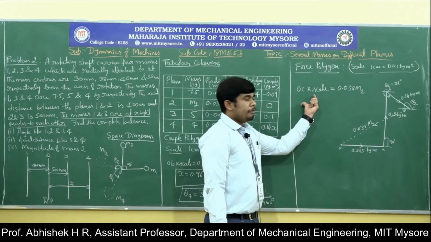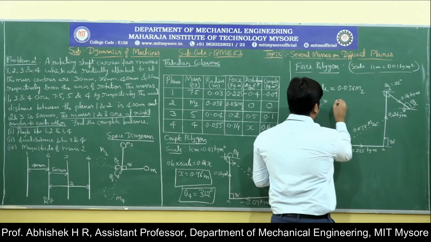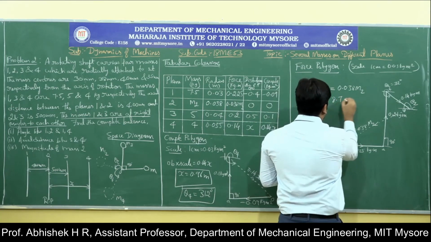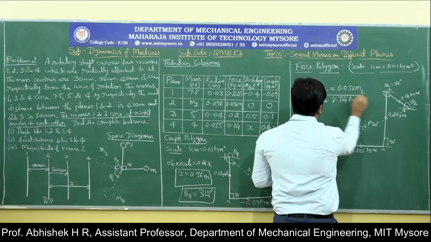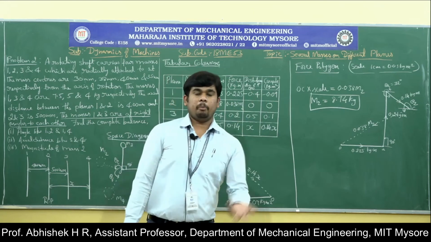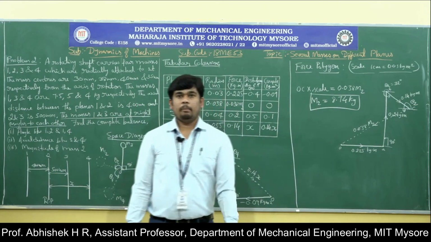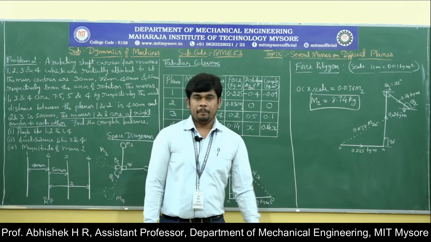Now if you simplify this, you will get mass to around 8.74 kg, or maybe you will get 8.5 or 8.6 kg, but it should be around 8.57 or 8.56 kg.